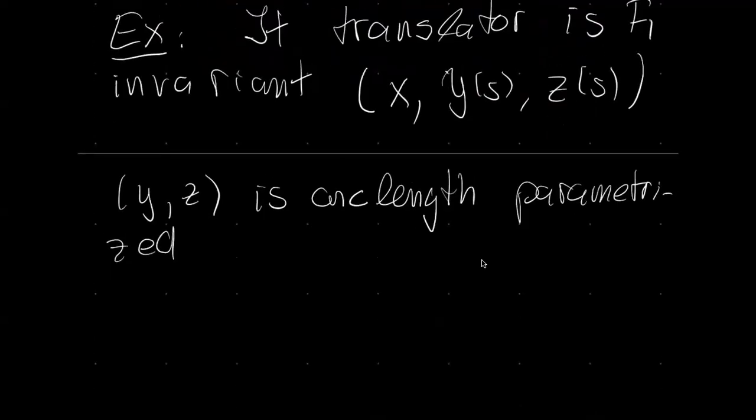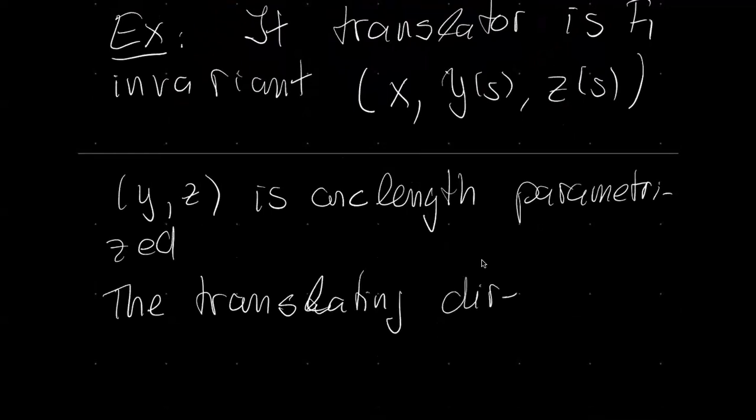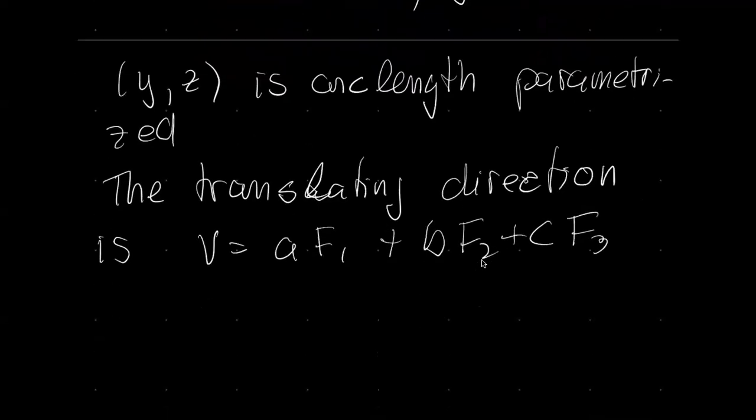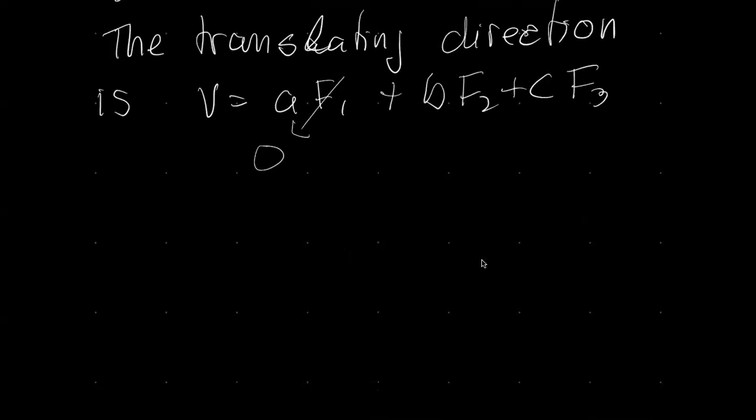And the translating direction, I just want to write one equation here. It's some V that is going to be A F1 plus B F2 plus C F3. In reality, this one you can always take to be 0 because this is a tangential vector, so it just accounts for reparametrizations of the surface. So usually you take all the tangent ones to be 0 because you can always reparametrize them out. So you just have these two possible directions.